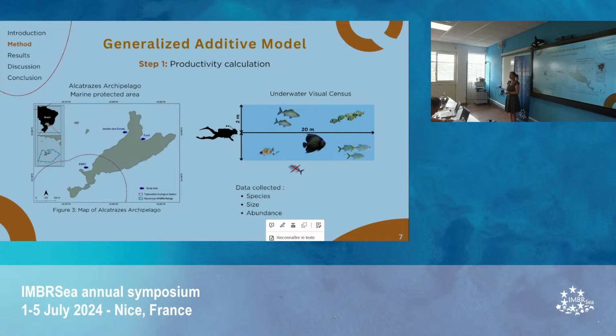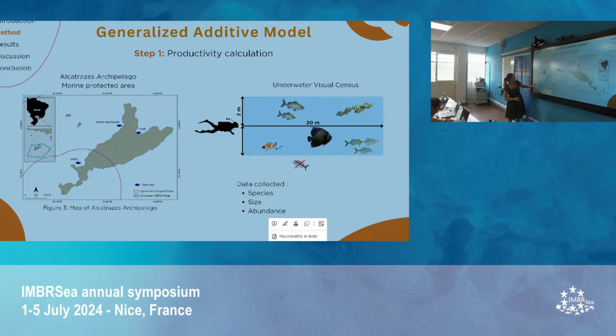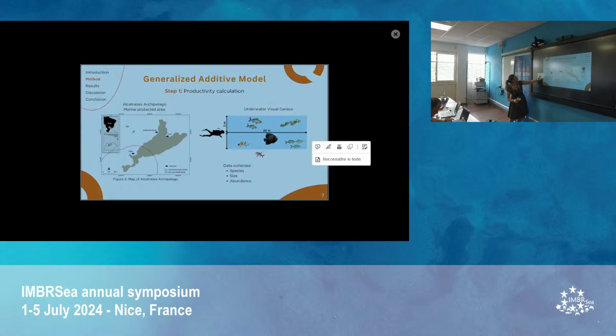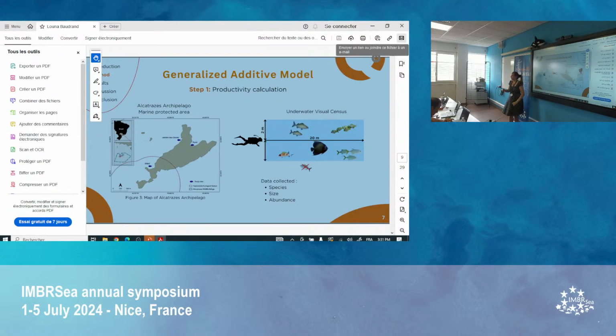I was a little bit surprised about the difference in fish productivity between the two examples that you put, in the Atlantic and the Pacific, because it was like 3,000 against 20. Or was I wrong? Actually, Raja Ampat is 11 point something.